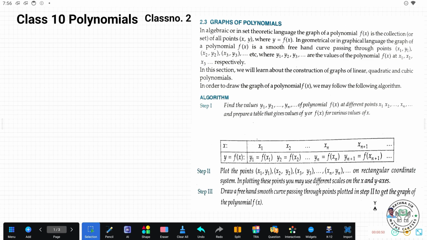In geometrical or graphical language, the graph of a polynomial f of x is a smooth freehand curve passing through points (x1, y1), (x2, y2), (x3, y3) and so on, where y1, y2, y3 are the values of the polynomial f of x at x1, x2, x3 respectively. In this section, we will learn about the construction of graphs of linear, quadratic and cubic polynomials.